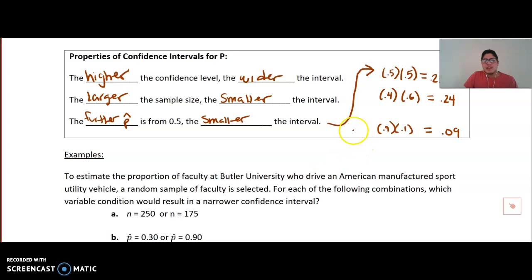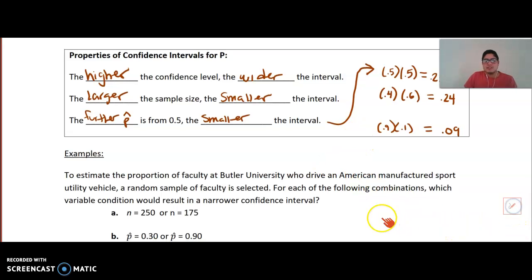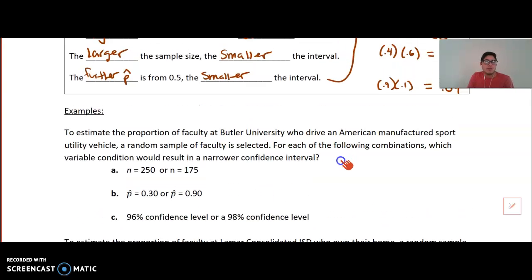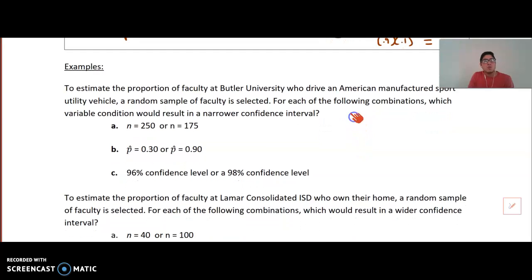And so now let's look at some examples. We want to estimate the proportion of faculty at Butler University who drive an American manufactured sport utility vehicle. A random sample of faculty is selected. For each of the following combinations, which variable condition would result in a narrower confidence interval? I'm going to do this really quickly.